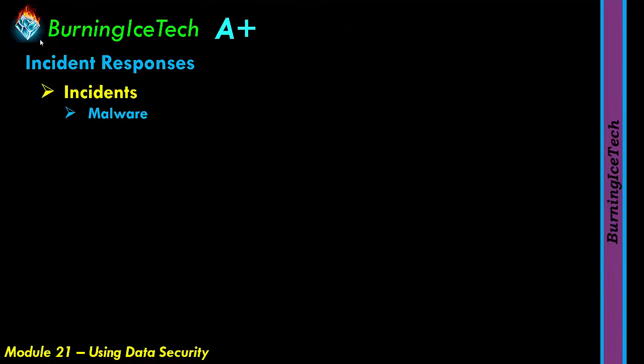So when your company, or your client's company, gets some sort of malware, that could be considered an incident. When you have a data breach, that is an incident. So maybe some threat actor out there, he or she or they, gain access to your environment or that environment of your client. That is a data breach, and that could be classified as an incident. What is your response to that incident?